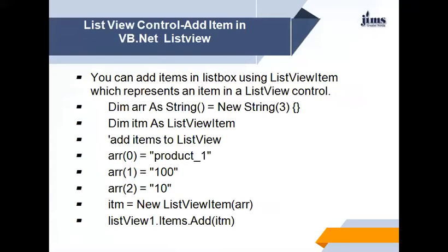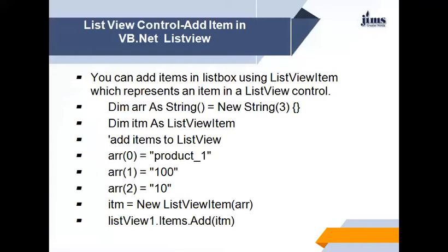List view control: add item in VB.NET list view. You can add an item in a list view using ListViewItem, which represents an item in a list view control. See the example. Dim arr is a variable of string type, and here you are taking an array of 4 elements and assigning a new string array.